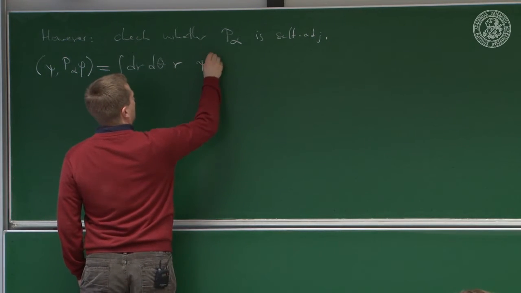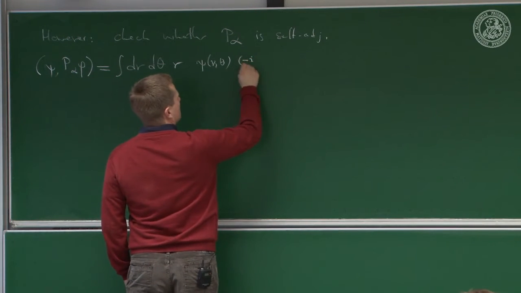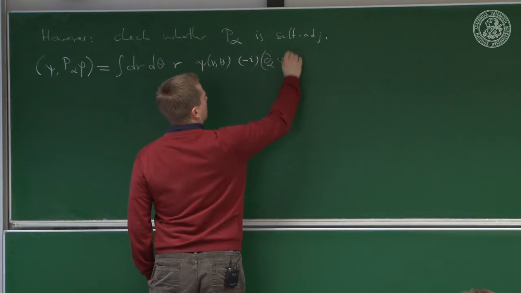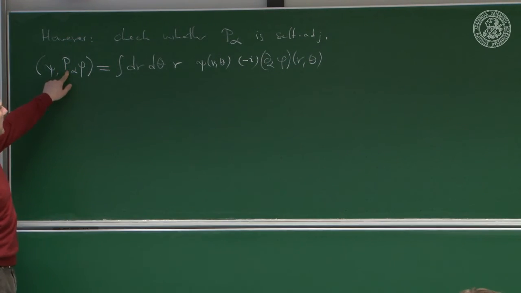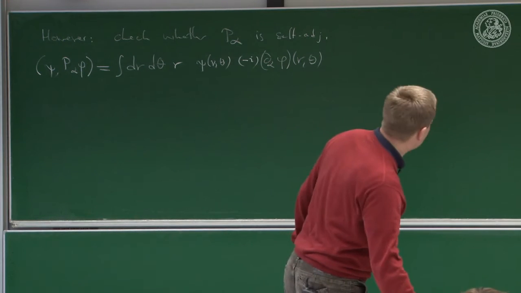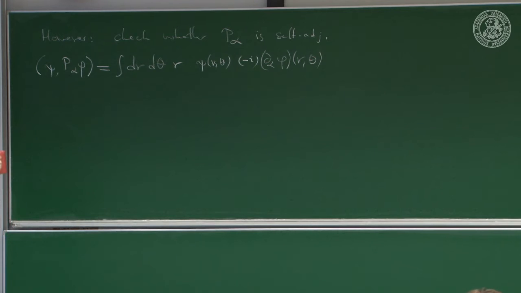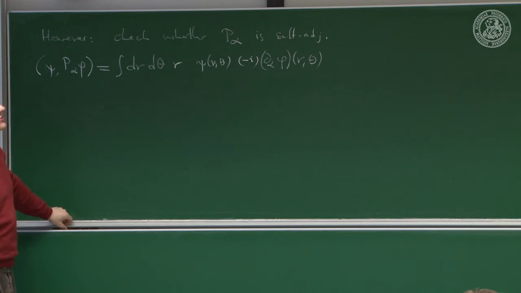Then we have a psi of r and theta, and we have a minus i del alpha phi of r and theta. And this P alpha already proved its worth by satisfying the commutation relations with r and theta as the coordinates. So we think it's just a matter of routine.